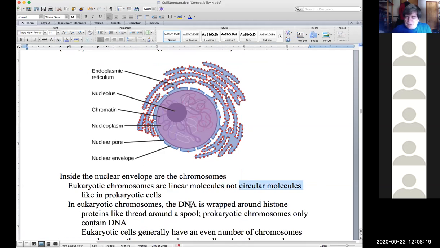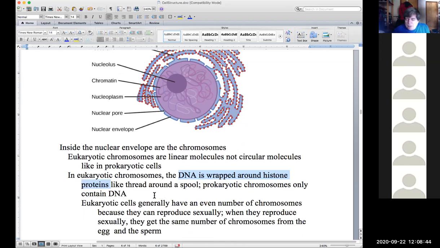Now, another difference is in eukaryotic chromosomes, the DNA isn't the only type of chemical in the chromosome. The DNA is actually wrapped around some things called histone proteins. And it's kind of wrapped around them the way that thread is wrapped around a spool. And remember, prokaryotic chromosomes only had DNA in them.